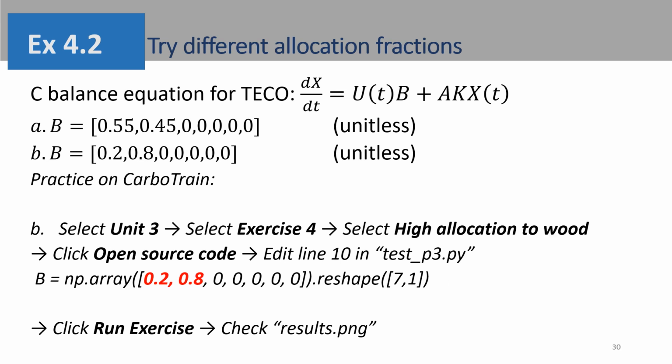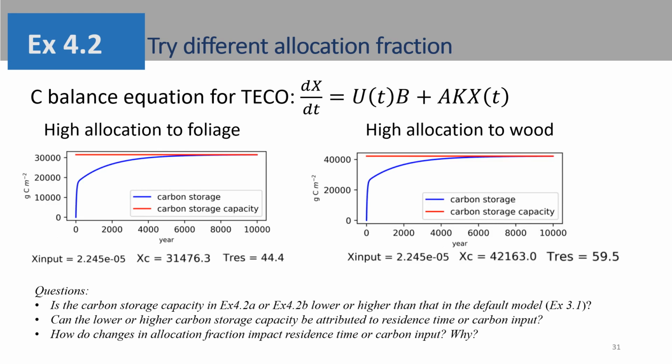Then let's select the case high allocation to wood and repeat previous steps. Replace the allocation fraction with a higher value to wood as we provided. Then click Run Exercise and check results. Here are results from two different allocation fractions.